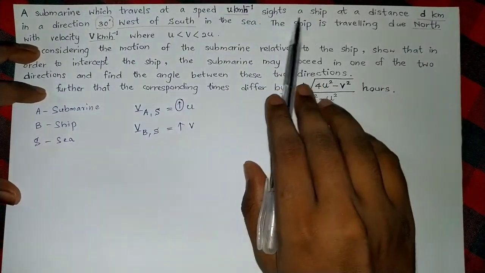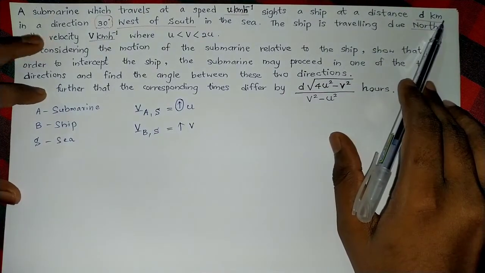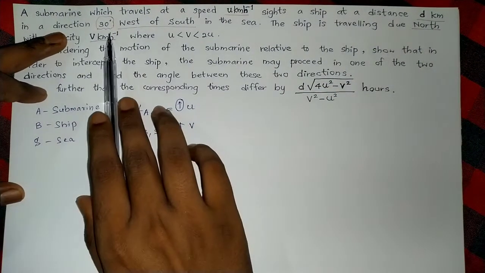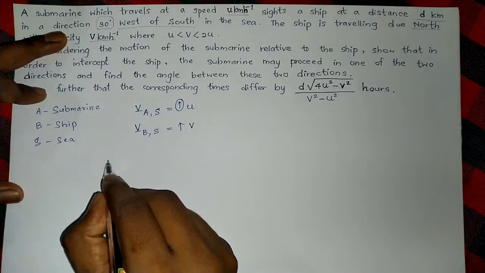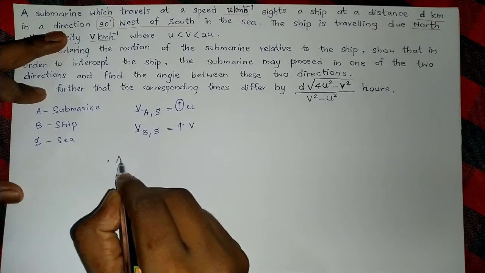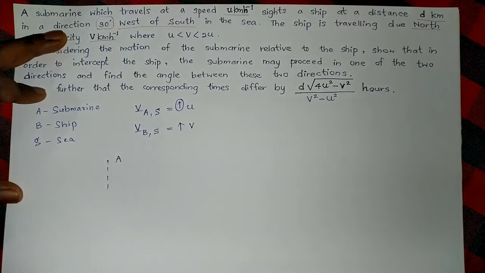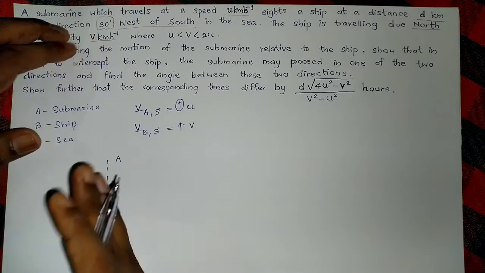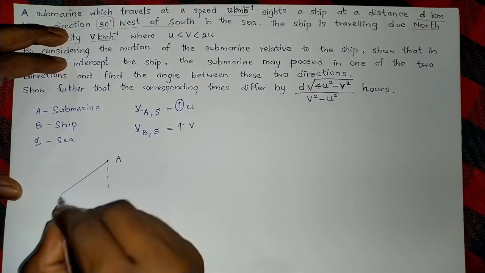Submarine sights a ship at a distance d kilometers in a direction 30 degrees west of south. So initially submarine is somewhere here. So this is A, this is south. It is 30 degrees west of south along this path.